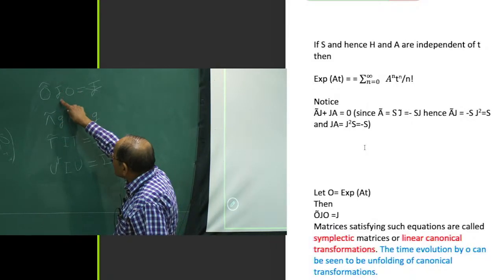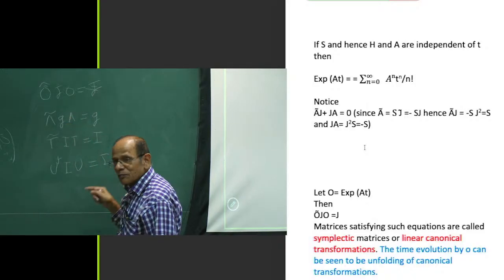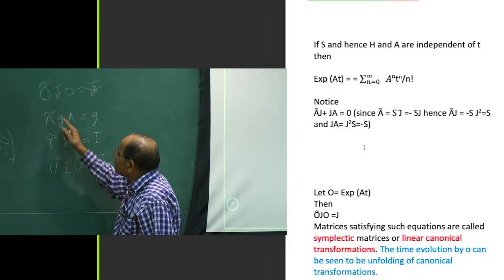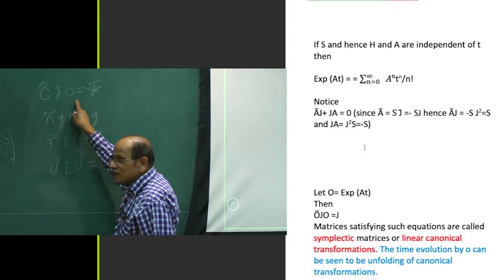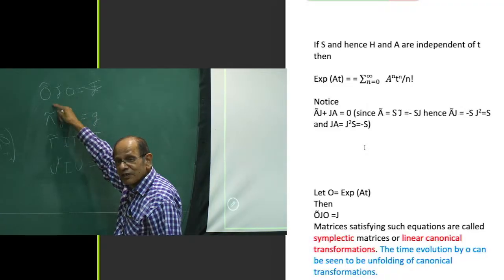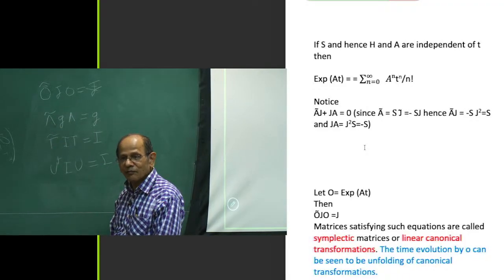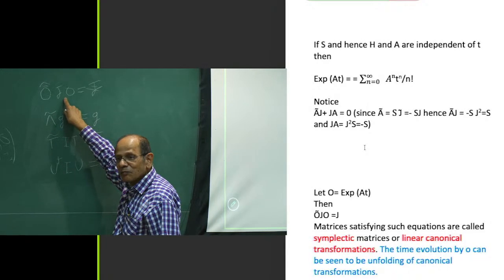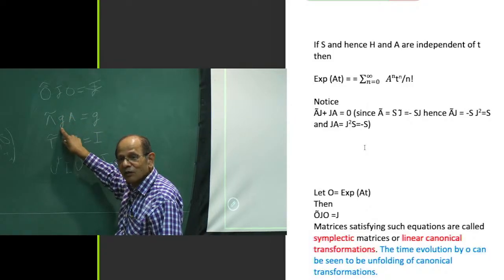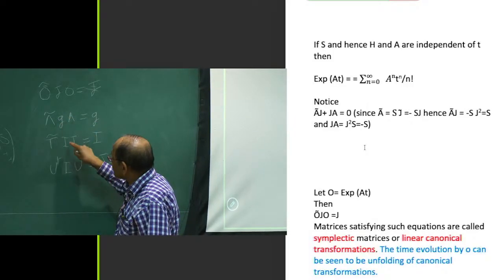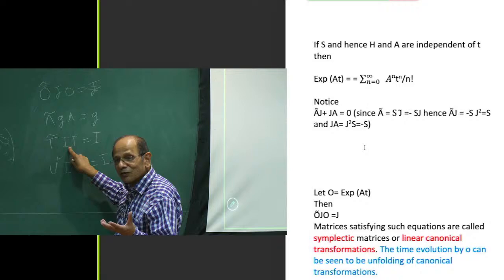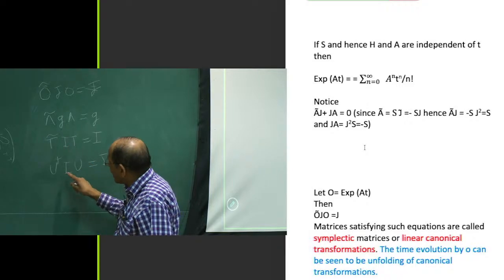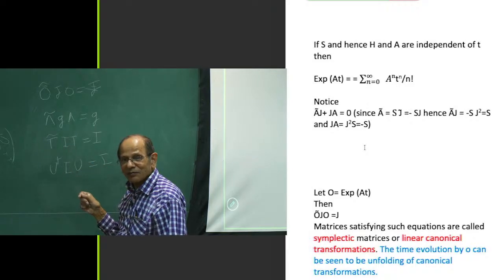Now, whatever is sandwiched in between is reproduced on the right hand side. What you can show using this property is that all these transformations form a group. Here the group is the symplectic group, here the Lorentz group, here the orthogonal group, and here the unitary group.